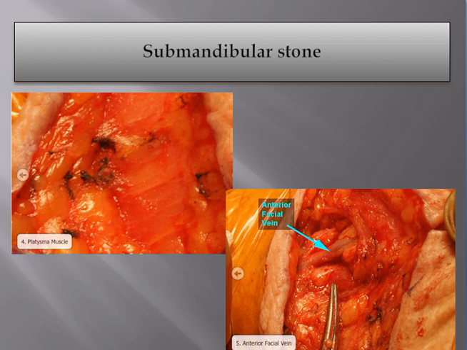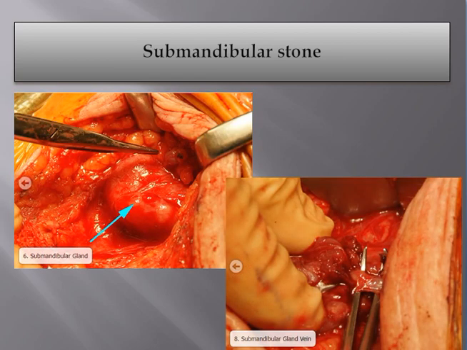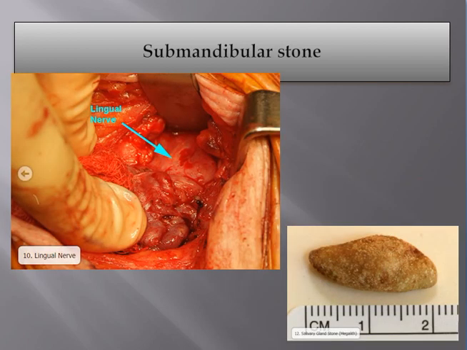In the next slide, in the branches of the forceps, you can see the anterior facial vein, and of course it can easily be ruptured by a scalpel, so surgeons can't use a scalpel from this stage. In the upper picture, we can see the submandibular gland, and then removal of that gland, attentively to the gland vein.